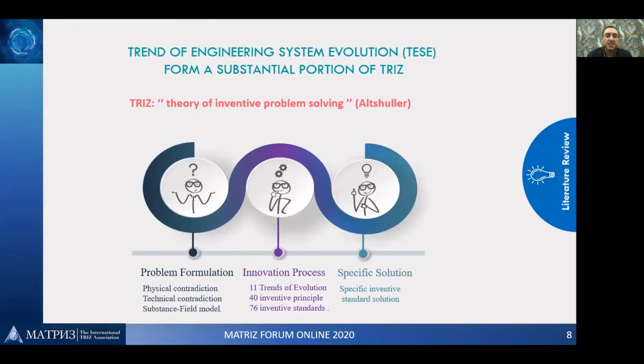Before we zoom into the detail of our research, as a refresher, TRIZ is the theory of inventive problem solving that was founded by Altshuller. The trend of engineering system evolution is a substantial portion of TRIZ that is all about problem formulation, using the innovation process, and finally finding a specific solution.